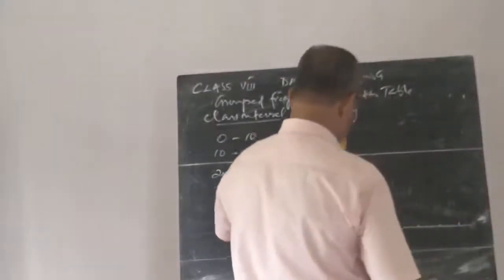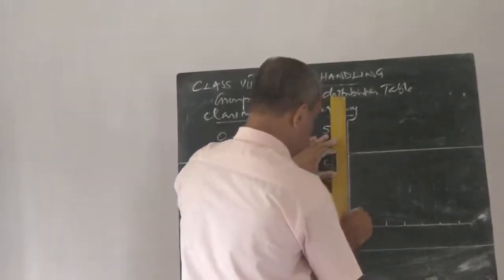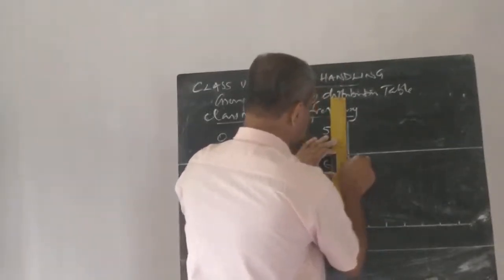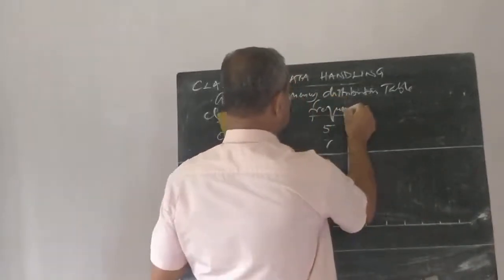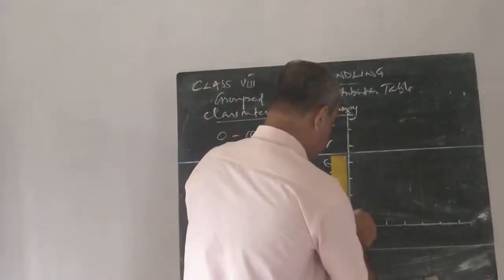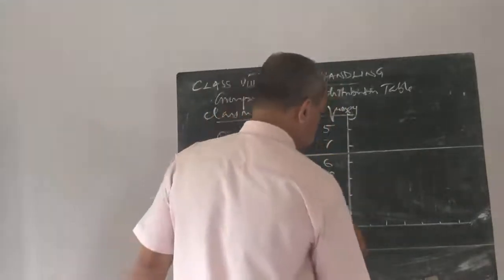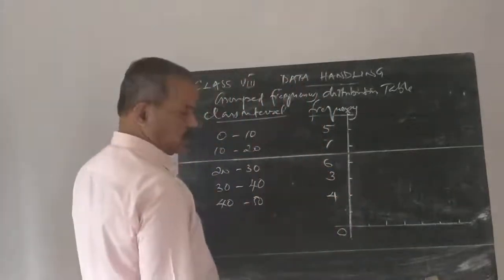Then a vertical line, and mark uniform distances on that also. This common point is called the origin, mark it so.